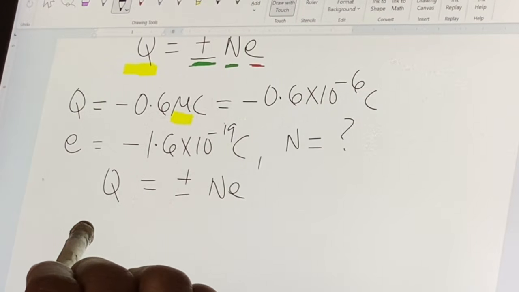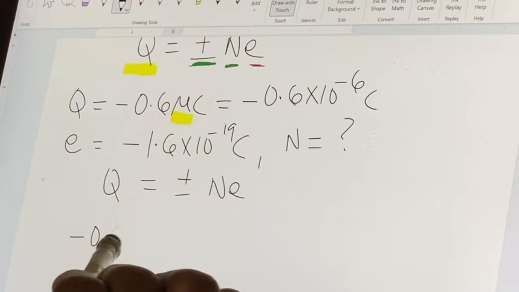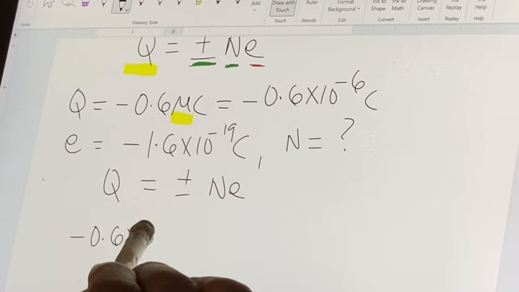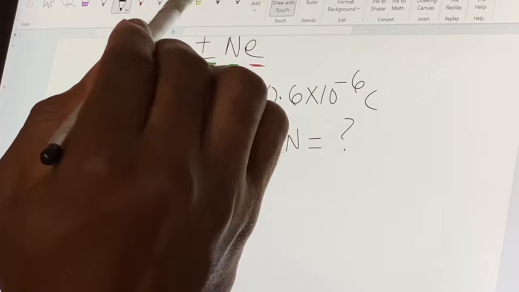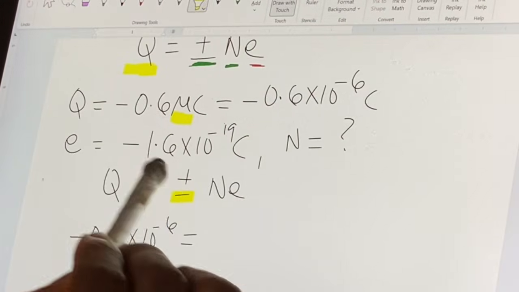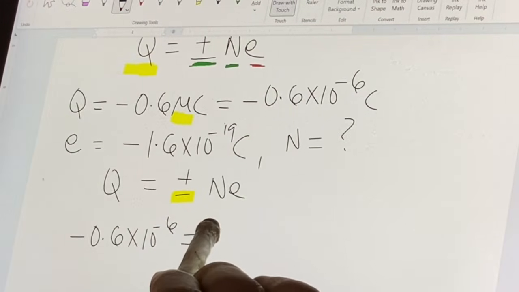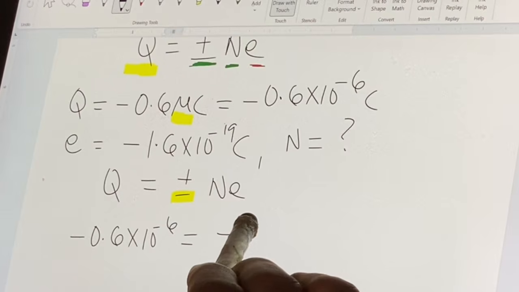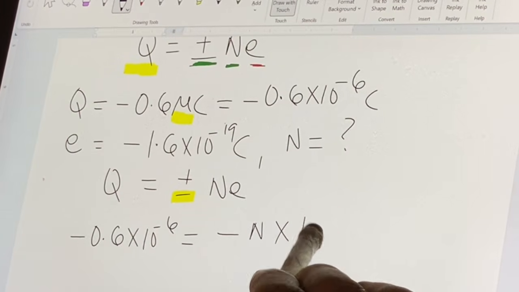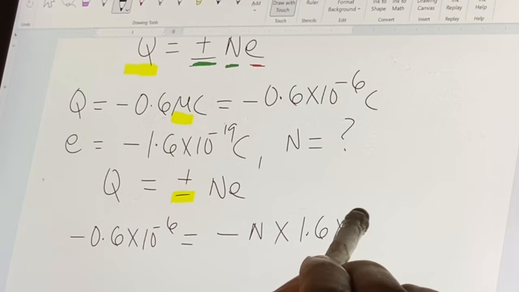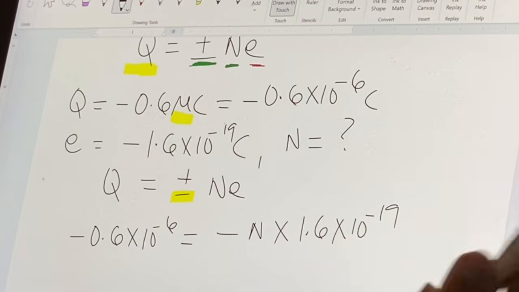Q is minus 0.6 times 10 raised to power minus 6 is equal to, the mentioned electron here, that means I will take minus sign, so this will be minus N times 1.6 times 10 raised to power minus 19.